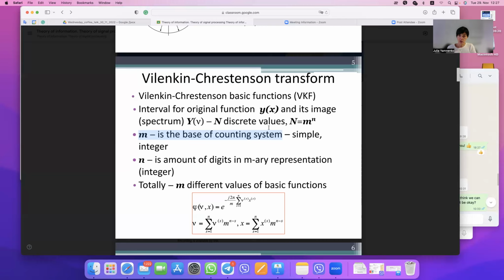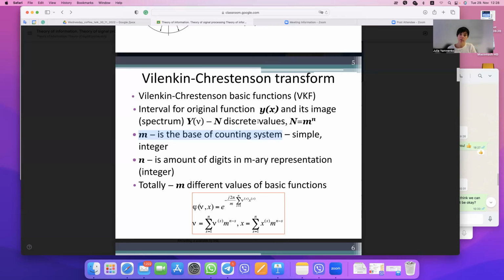And also there is some limitation in order to use this method relevantly. There is a limitation for the number of discrete values of the original function. In the case of Fourier and Hartley, it could be an arbitrary number, any number of discrete values of the original function.